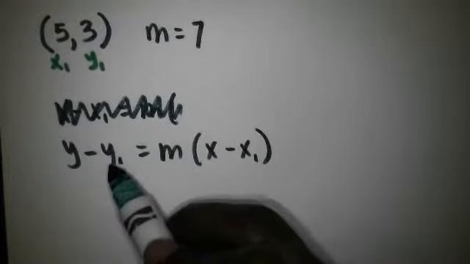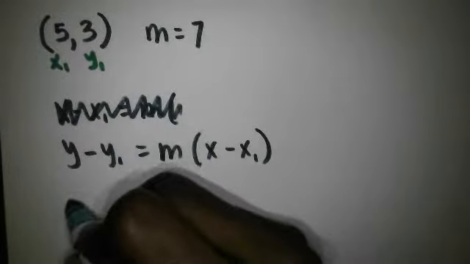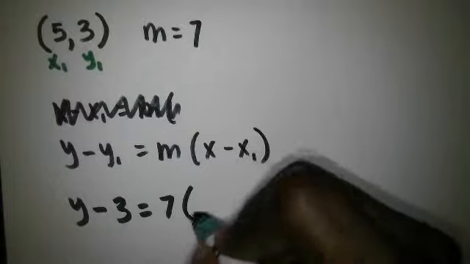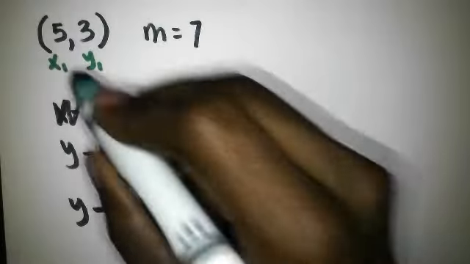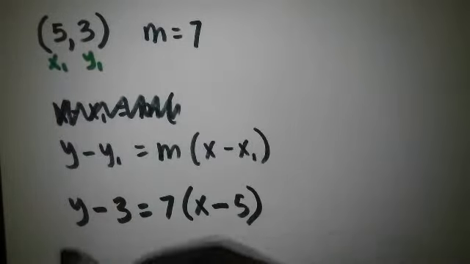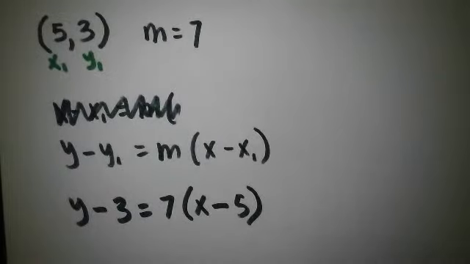Now all we're going to do is plug in the numbers here. So we have y minus y1, which is 3, equals m, which is 7, times x minus x1, which is 5. So you should have this as far as the equation goes.